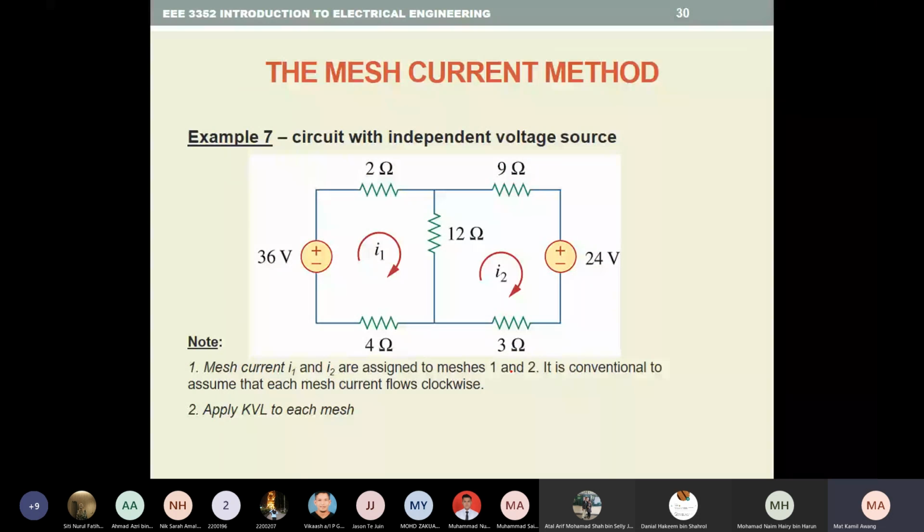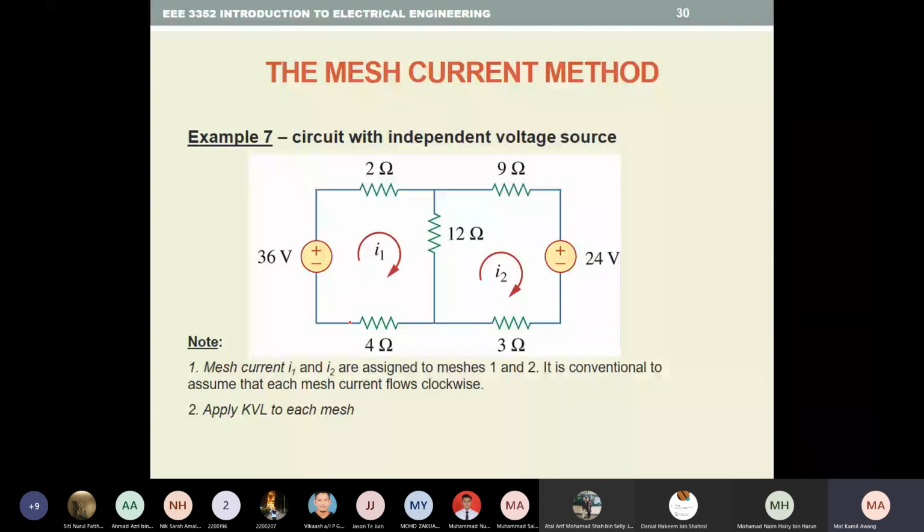Okay, so now we go into an example. This is a circuit with independent voltage sources. You have two independent voltage sources, which are 36 volts and 24 volts, and you have 5 resistors connected in this way, and you have mesh 1 and mesh 2, right? I1 and I2 flow through that.